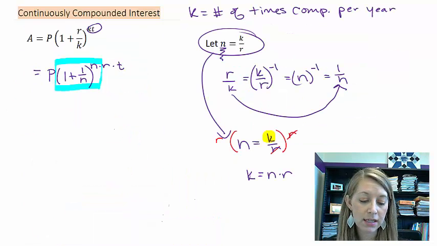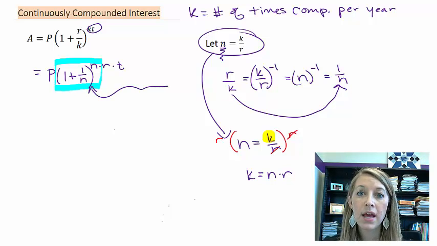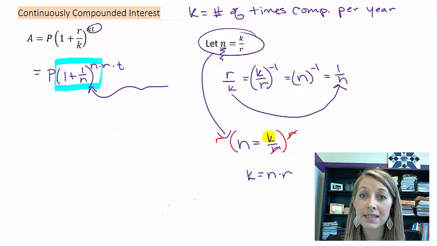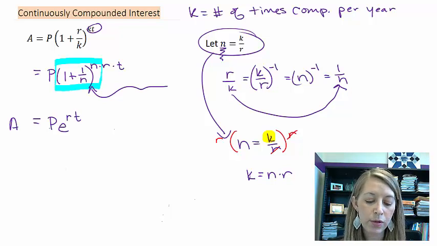So, if I go back to this, and if I want to see as n increases indefinitely, hence compounding it continuously throughout the whole year, every single instant that we can possibly think about it, this is going to be represented by E. And so now we have the formula of A equals P times E to the RT.